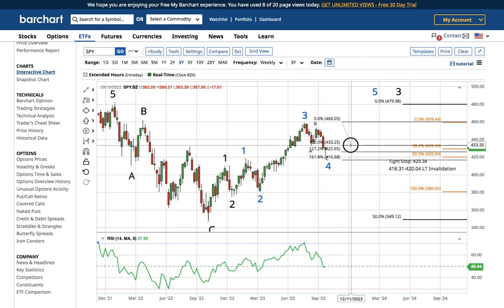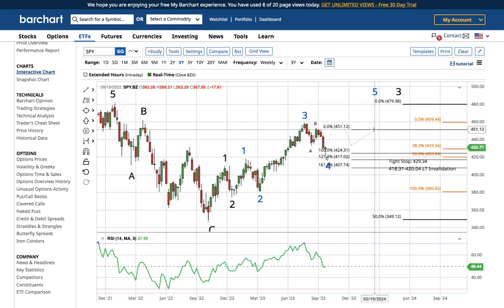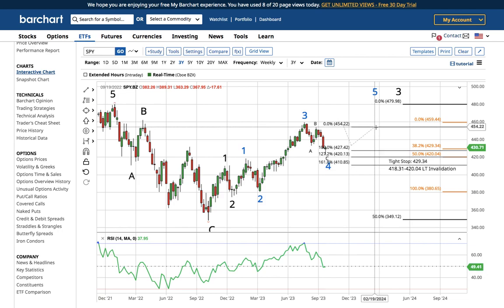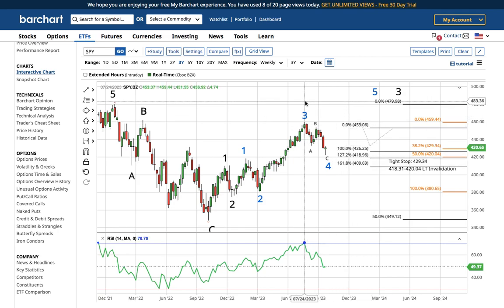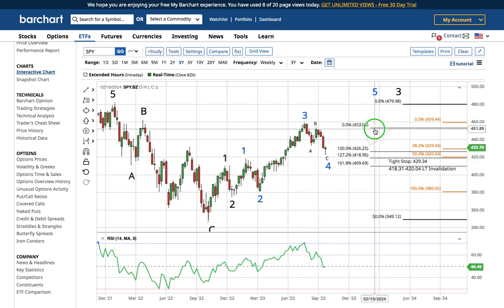Then I'm going to release, and I'm going to drag back up to the top of wave B. So that's going to give me something that looks like this on these tools. The numbers aren't going to be perfect, but that's okay. So I can see the very top is 459.44.